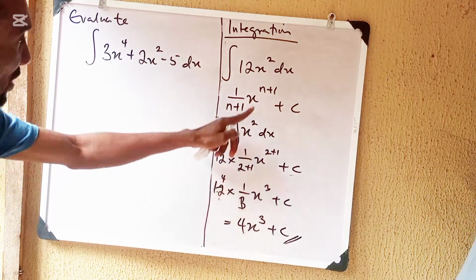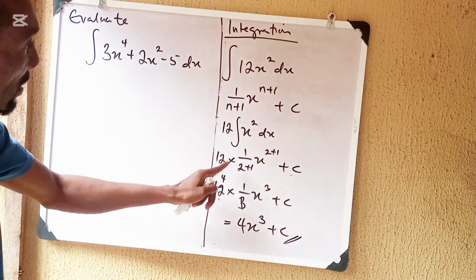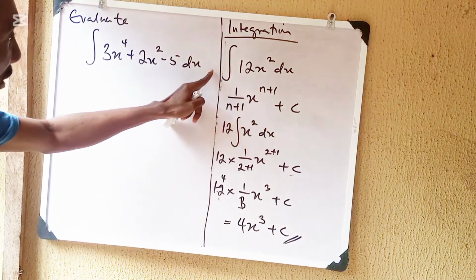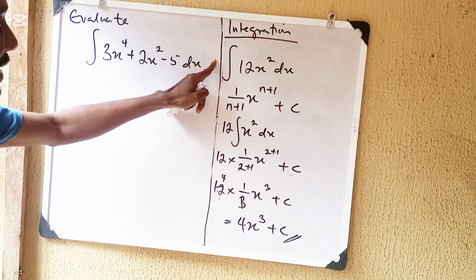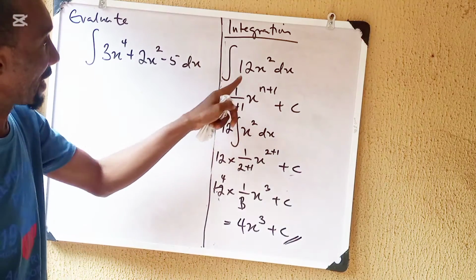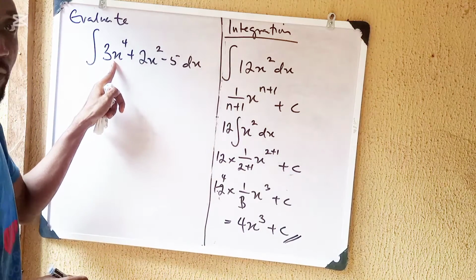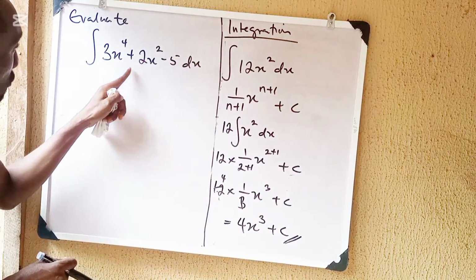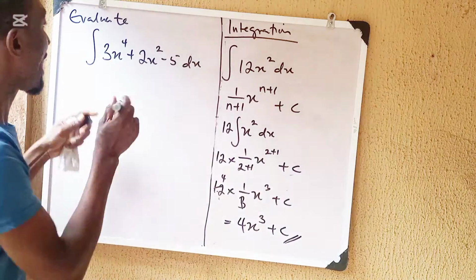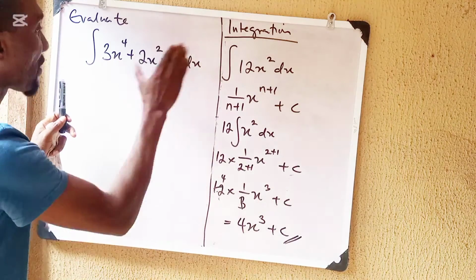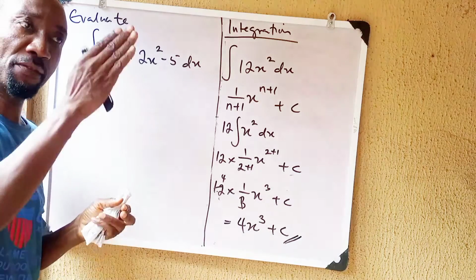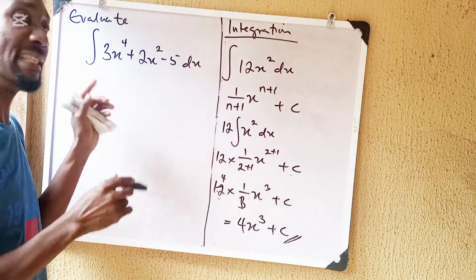Remember, just as we did in the initial part here, when you have a constant to integrate, just shift it and bring it in front of the integration sign. What it means is that if I'm going to solve this one, I will have 3 moving over here, the same thing for 2, and the same thing for 5. So I can integrate this one separately, just as I talked about the derivative of a sum, where you can differentiate individually, you can equally integrate individually.